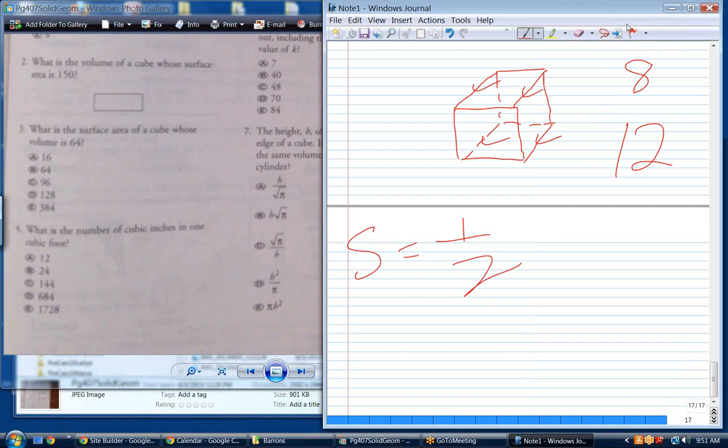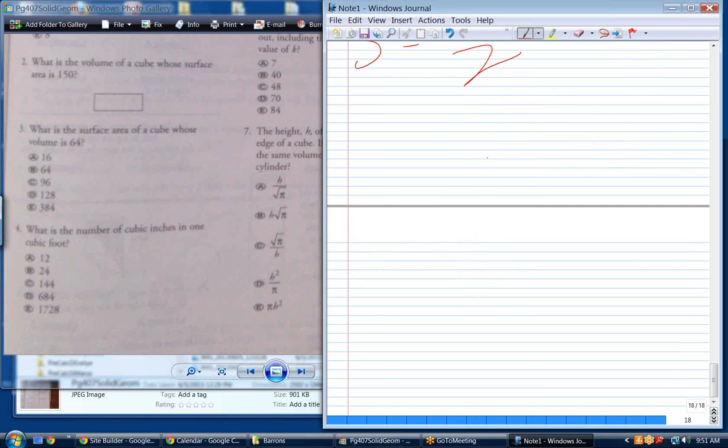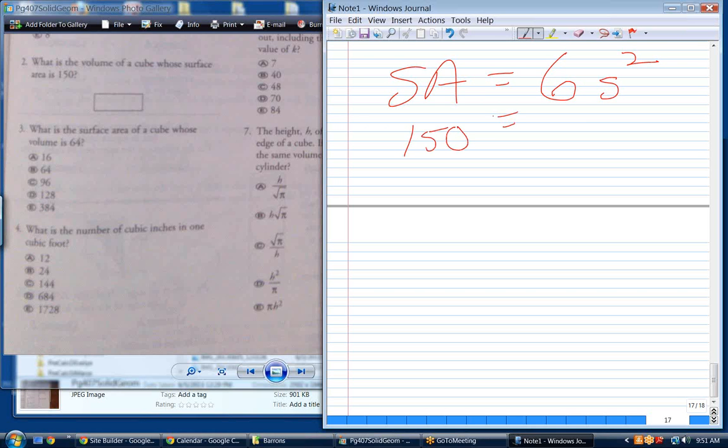What's the volume of a cube whose surface area is 150? Okay, and surface area would be 6 edge squared. So 150 equals 6 edge squared. Okay, so each edge is going to be 5.